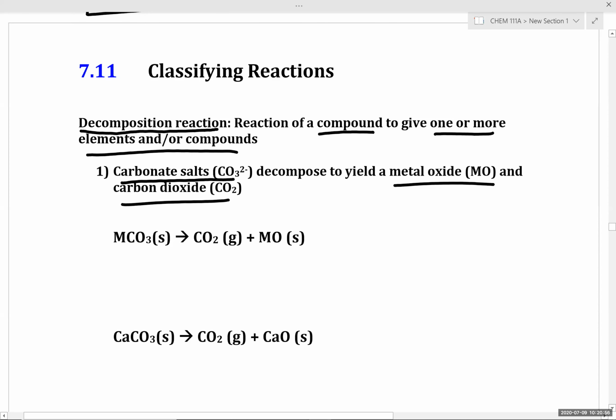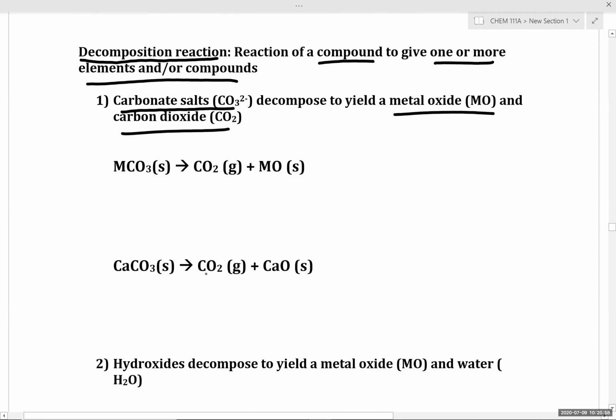So for example, if you take calcium carbonate and heat it, so we have our metal carbonate, we in turn generate our metal oxide and carbon dioxide. To add another example, if we have sodium carbonate, we in turn would generate carbon dioxide gas. And what other product? What is our metal oxide in this case?